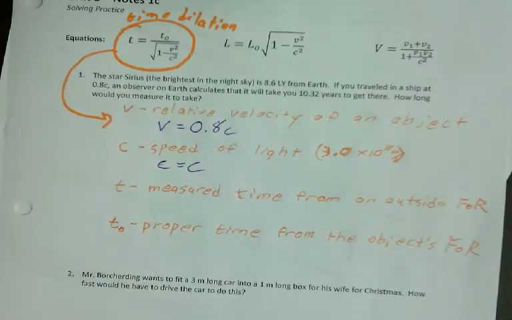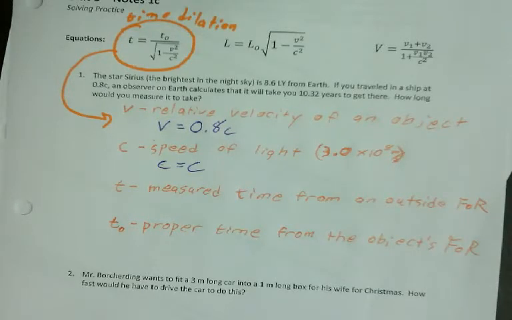So v is how fast is the object going. c is the speed of light. t is how fast do I, on an outside reference frame, measure the object to do. And t naught is what is the correct or proper time someone on the object measures.